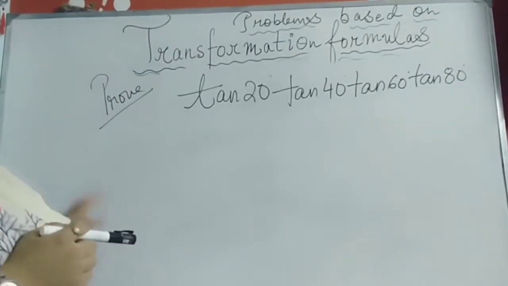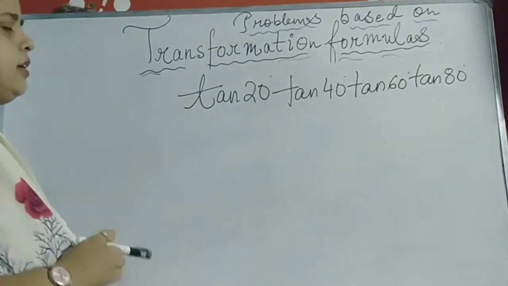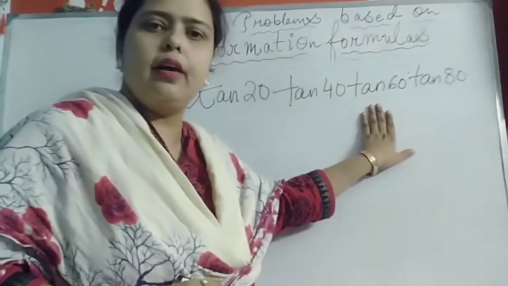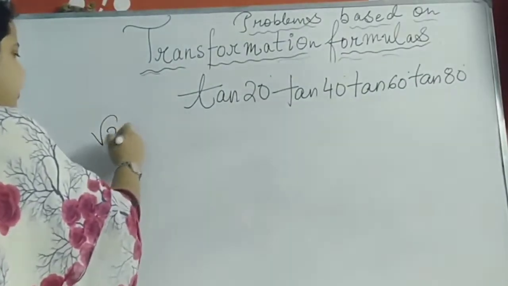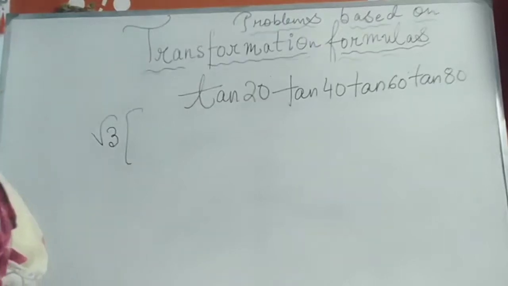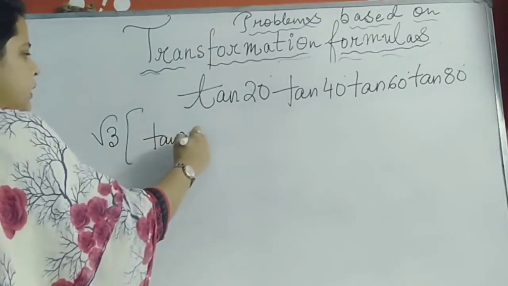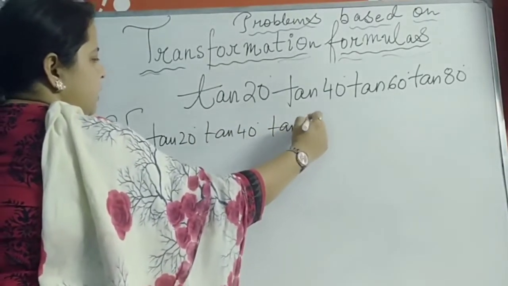Whatever be the problem, here we have to again use the transformation formula, and one known angle here is tan 60. As tan 60 is root 3, we are moving it out from the product and we are left with tan 20, tan 40 and tan 80.